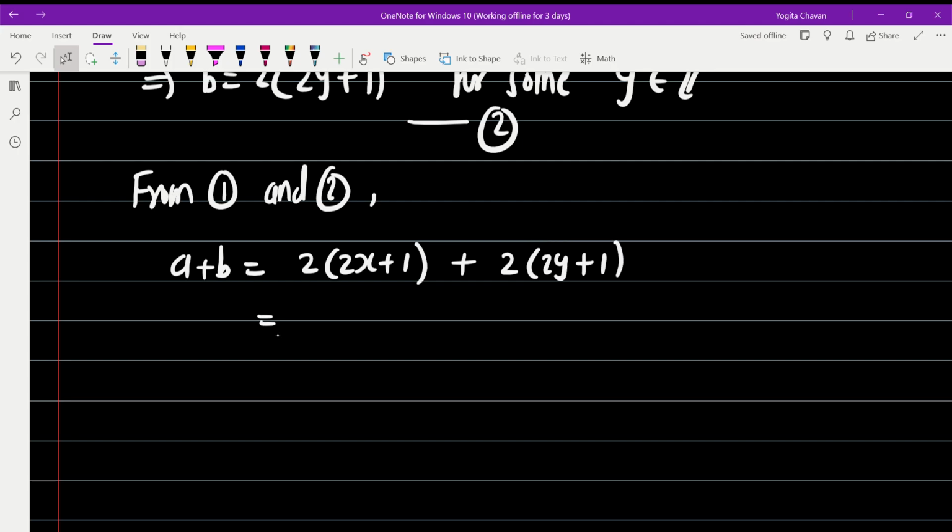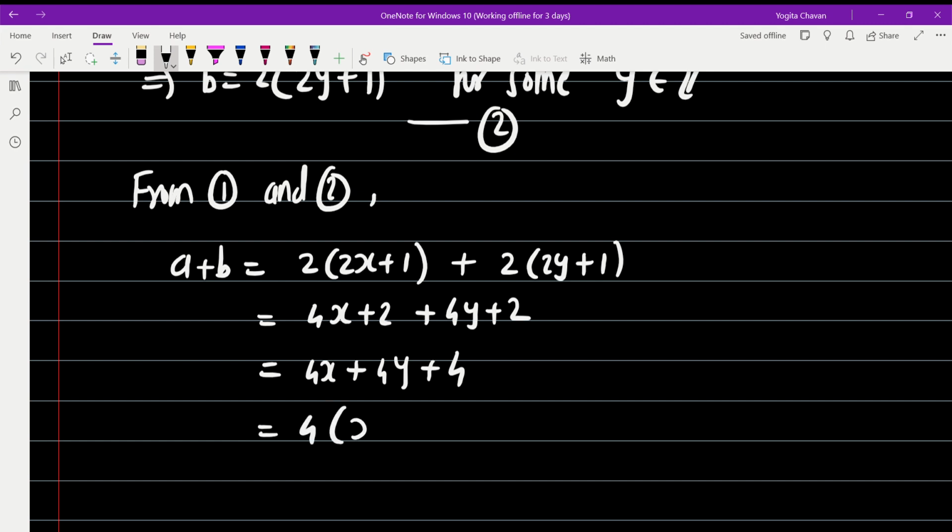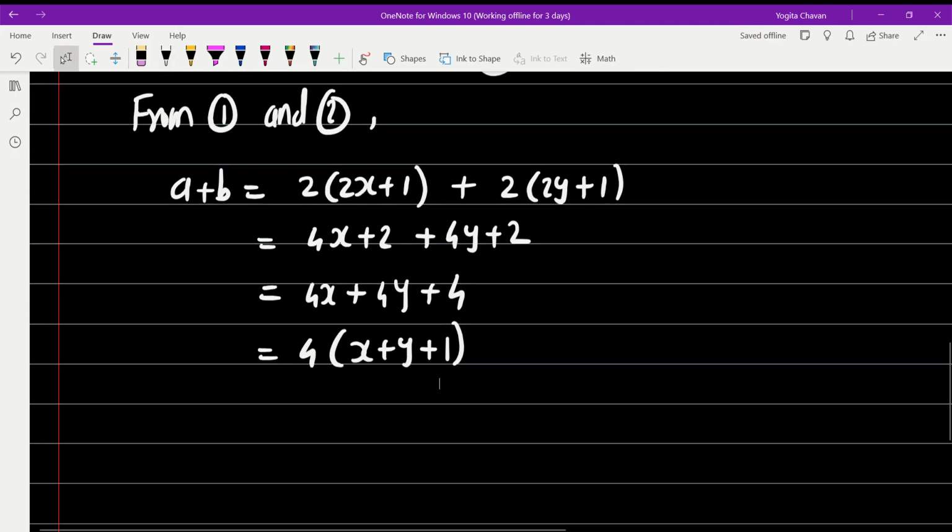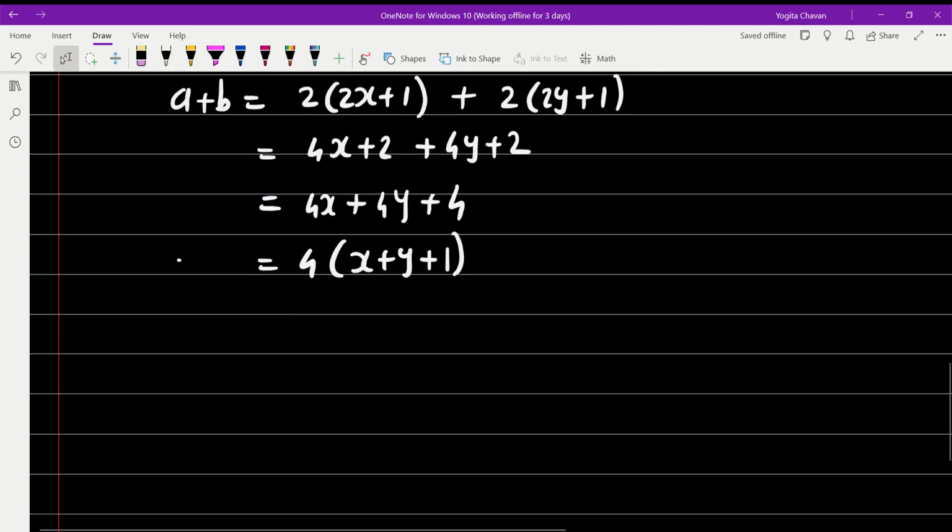So simplify this. This is 4x plus 2 plus 4y plus 2. So this is 4x plus 4y plus 4. So this is equal to 4 into bracket x plus y plus 1. So A plus B is equal to 4 into some integer.